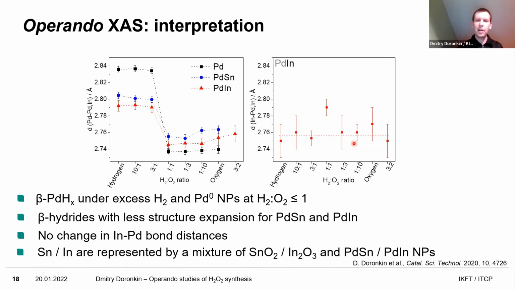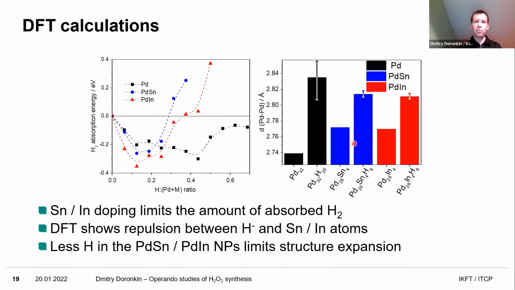That's a guess. But when we asked the DFT group to make calculations for us to calculate the hydrogen absorption energy for the monometallic nanoparticles, or model nanoparticles, and for the bimetallics, it confirms that for the bimetallics, as an input, we used the metal ratio the same as we got from the XAS analysis. And for the bimetallics, they confirmed we cannot dissolve so much hydrogen in the structure. It's simply thermodynamically unstable.